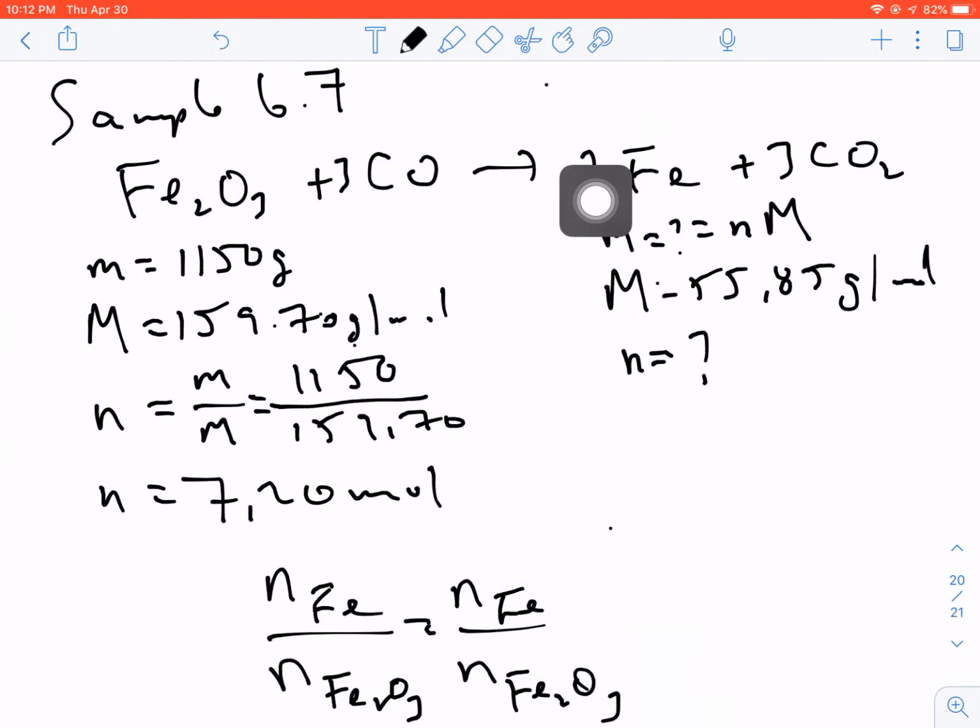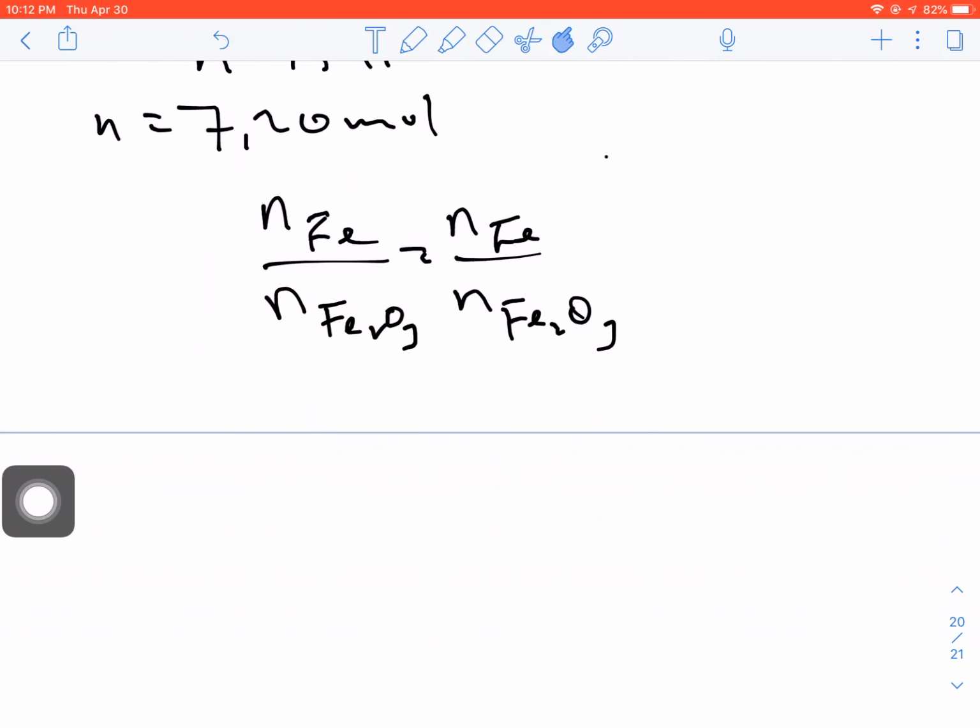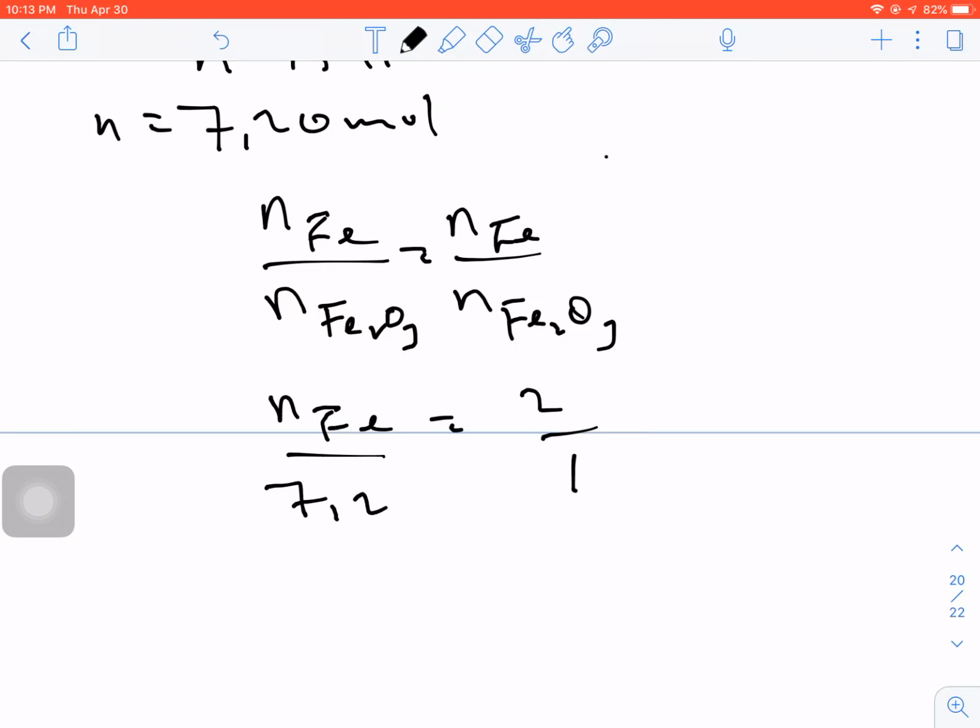This side here is from the balanced chemical equation. So let's just scroll up here. I know that I have 2 irons and 1 Fe2O3 in the balanced equation. I know that my number of moles of iron is unknown, and that my number of moles of Fe2O3, I can see it up there, is 7.20 moles. It's right here, the number of moles we just calculated a minute ago.